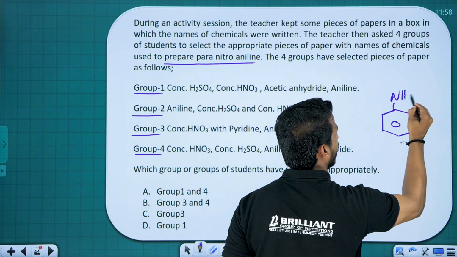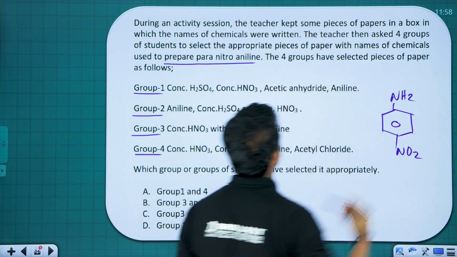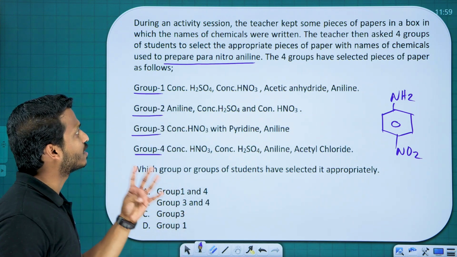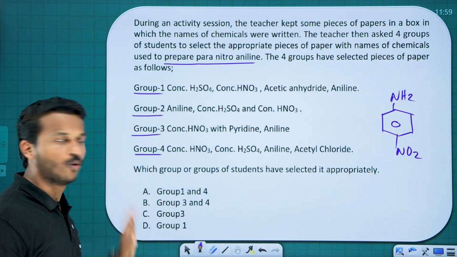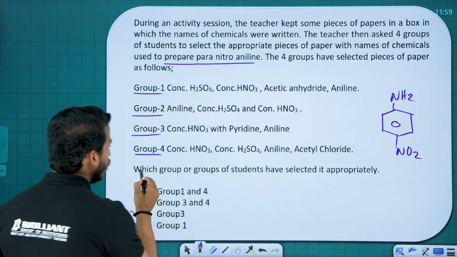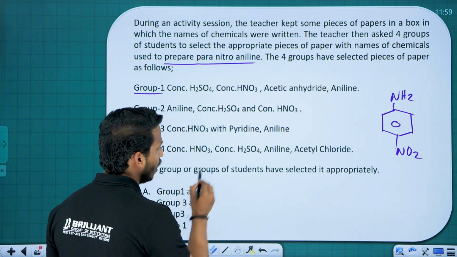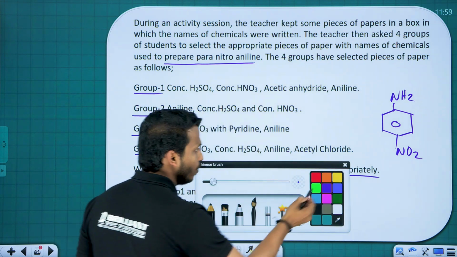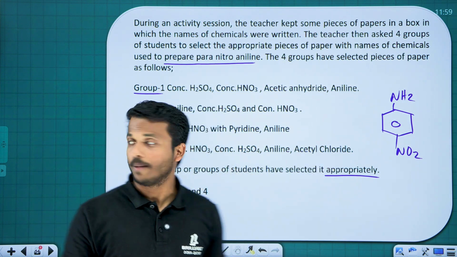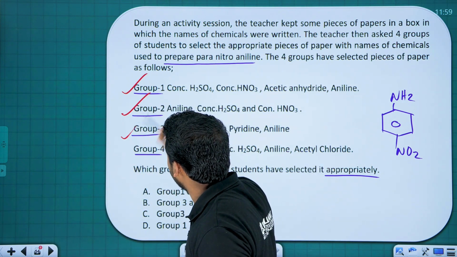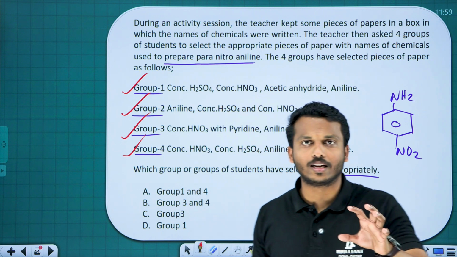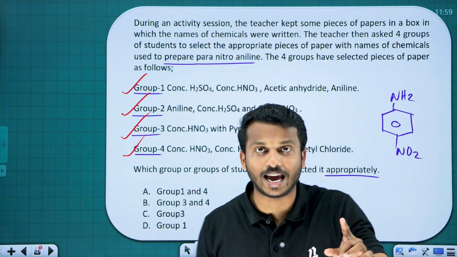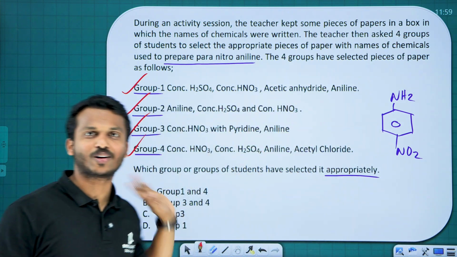Para-nitroaniline. The 4 groups have selected pieces of paper as follows. Question: which group or groups of students have selected appropriately? Who did the correct reaction to get para-nitroaniline is the question.